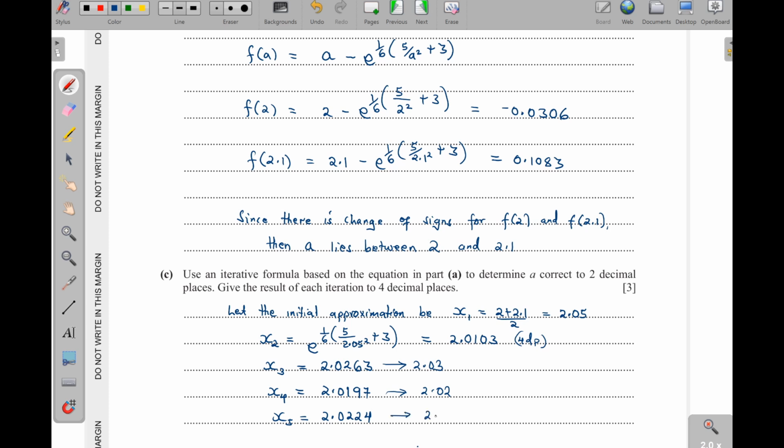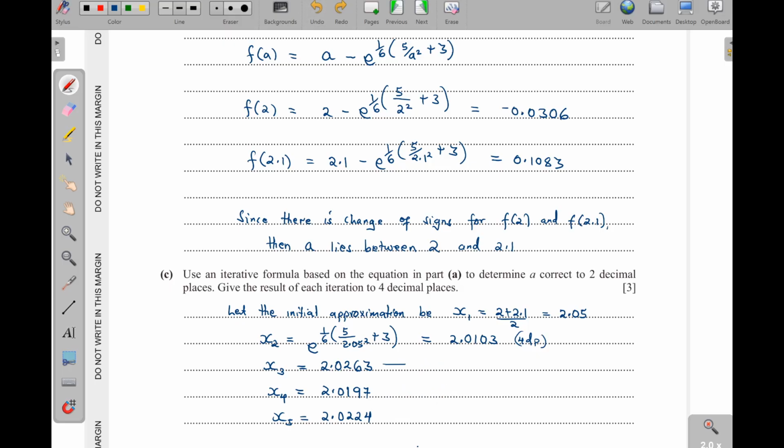Now, since we have gotten x4 and x5 giving us the same value, 2.02, this is the minimum number of iterations we are doing. Are we there? Then we do one more to confirm the value.